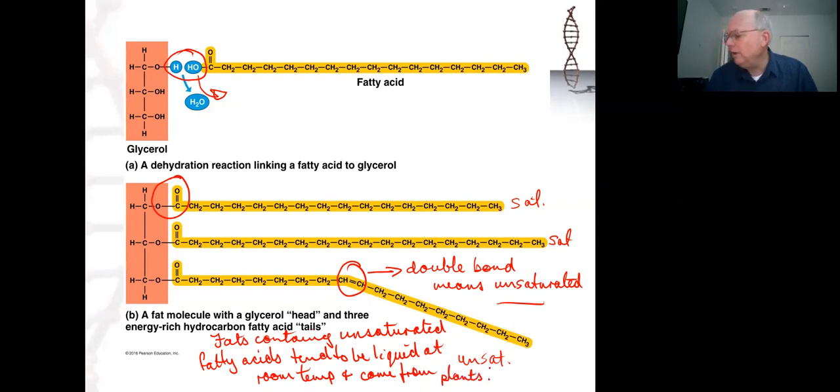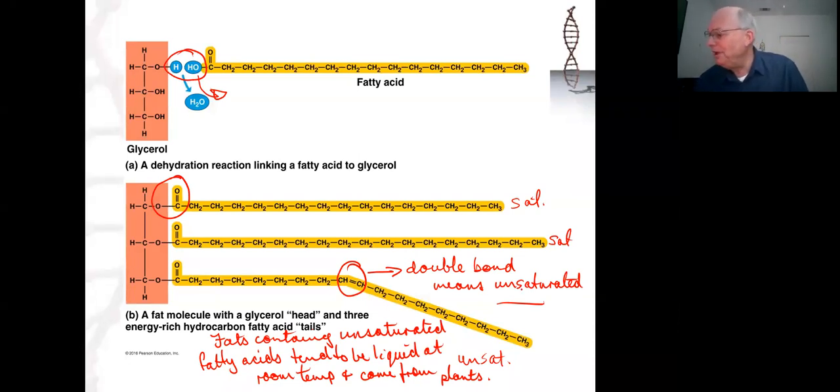So all of those cooking oils like canola oil, olive oil, vegetable oil, safflower oil, the list goes on and on and on. Those are all plant-derived fats, and they tend to be liquid at room temperature because plants make a percentage of their fats as unsaturated fats.